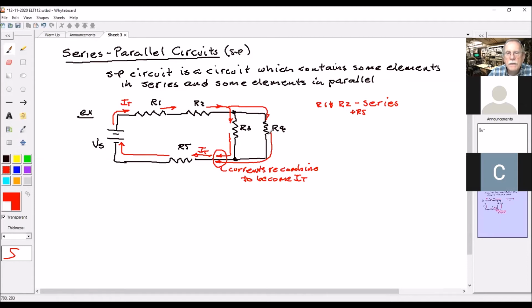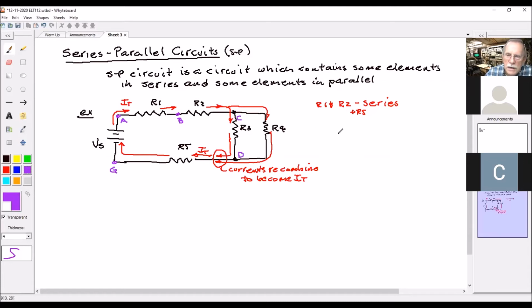Now, we need to check on R3 and R4. Let's do it this way. If I call this point A, call this point B, call this point C, call this point D, and call this G for ground, because in Multisim we'd have to put a ground there.